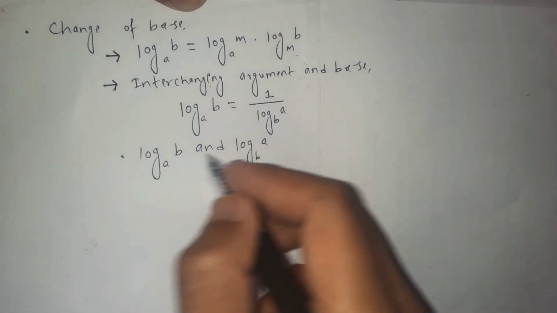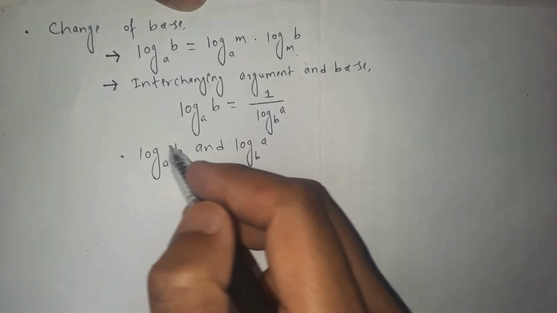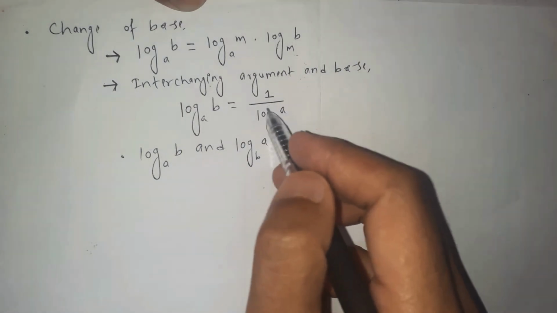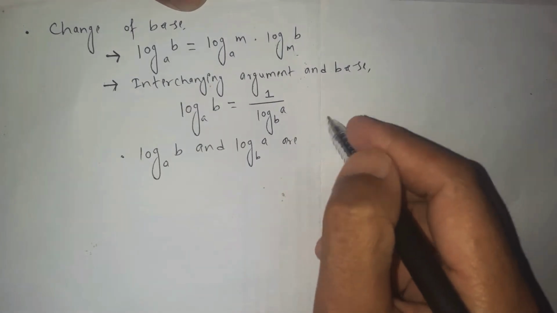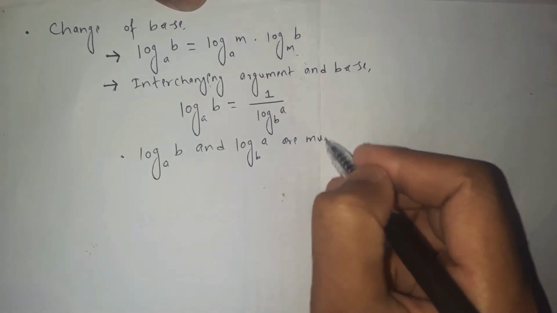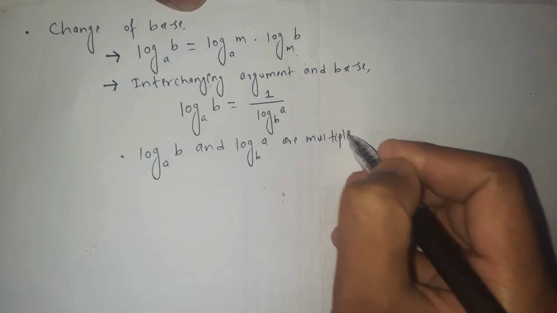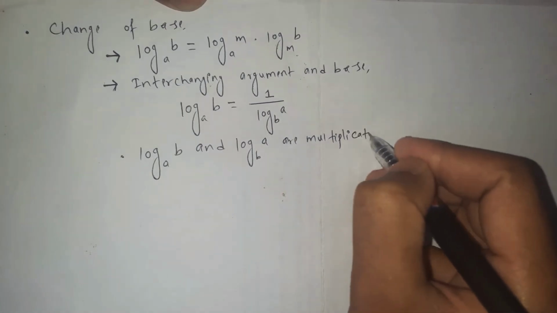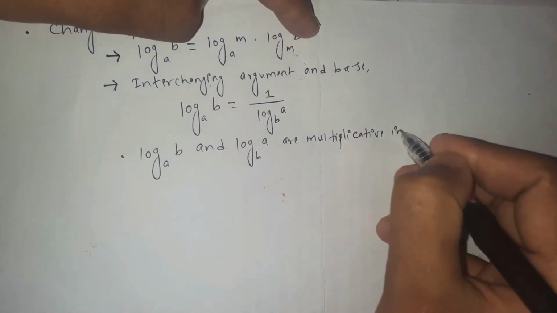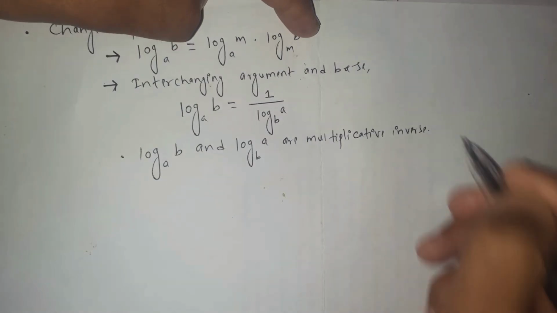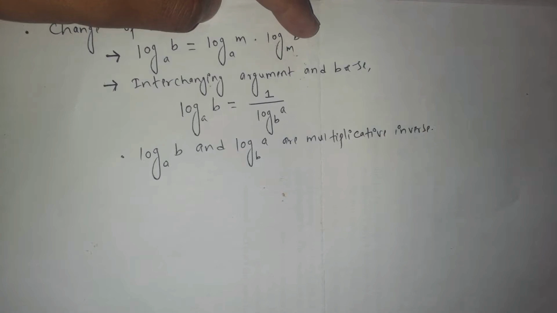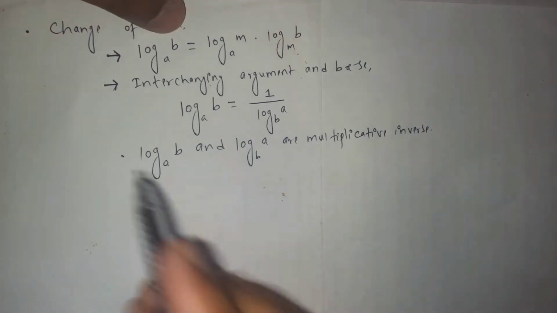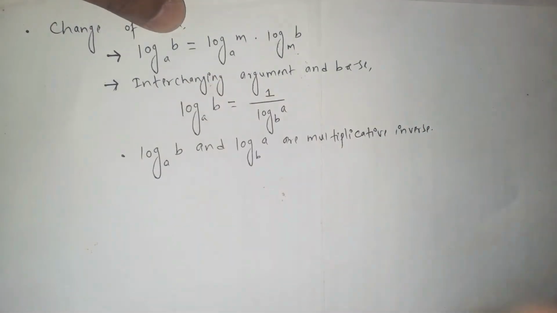If we multiply these logs together, then we will get the answer 1. So they are multiplicative inverses of each other. Please remember this point also. We can interchange the argument and base of any logarithm. This is a very important property.